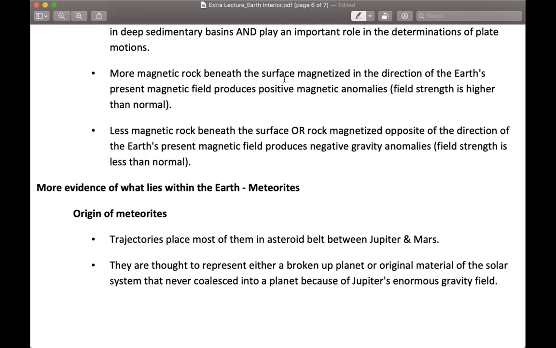So these processes are now understood very well by different techniques, by geoscientists or geologists and physicists and chemists also. And collectively they have come to a good picture in terms of the structure.